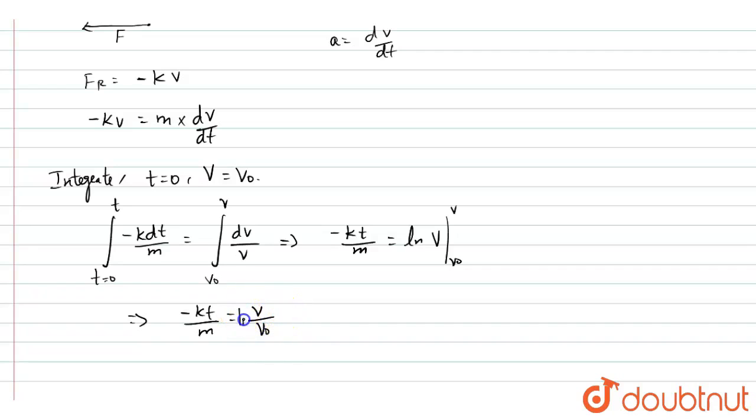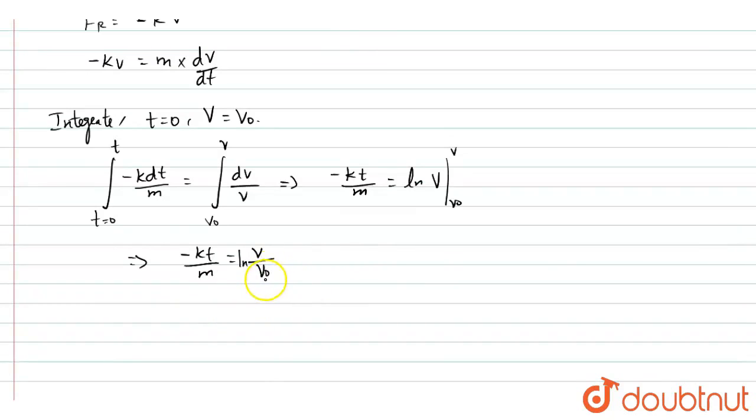Now I'm going to simplify this. We will get velocity equal to v0 e power minus kt divided by m. This is the velocity we get here.